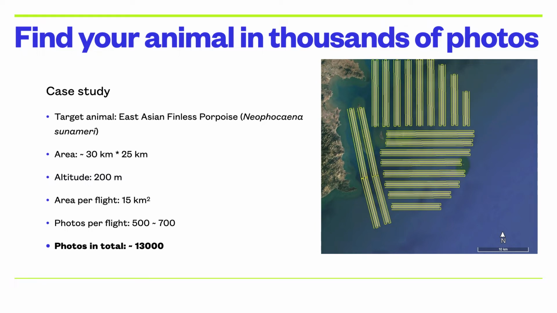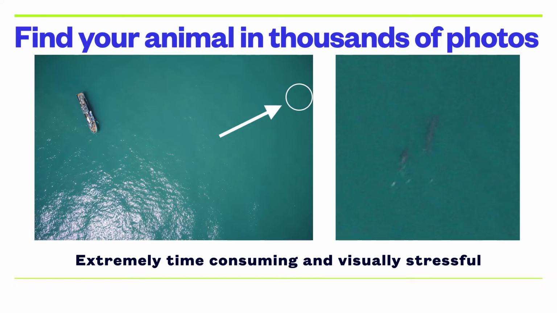And to look into one photo is like this. So we have this one photo, and here this boat is around 40 meters long. And here you look for the whole photo. You look for your target animal, here, the finless porpoises. And you found them, and you mark them as one of your photos that has your target animal.